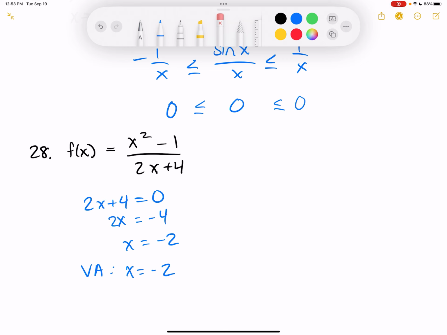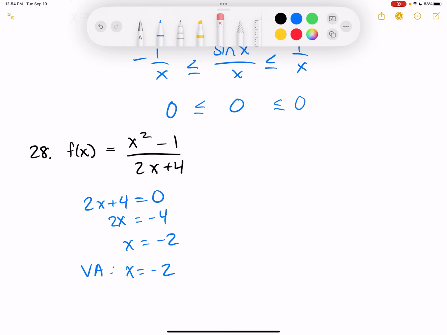All right, so then it says, describe the behavior of f of x to the left and right of each vertical asymptote. So basically, what happens as the graph gets really close to negative 2? It gets close to it, but it doesn't touch negative 2.